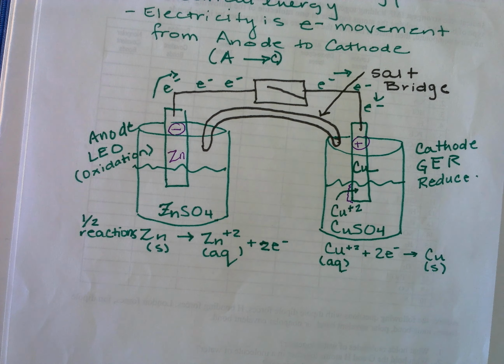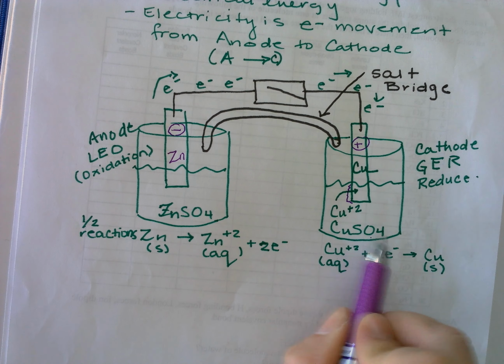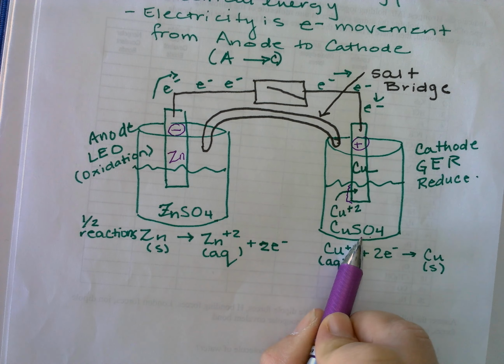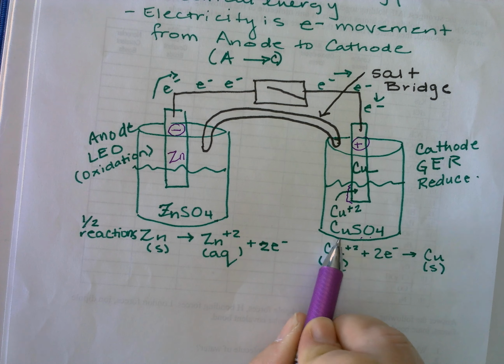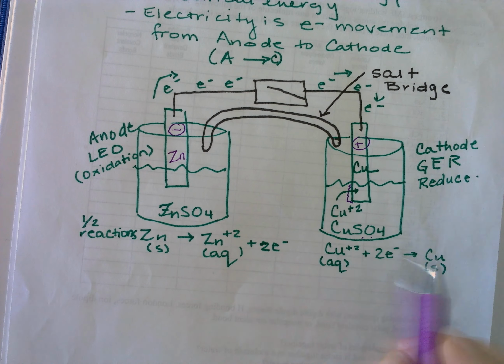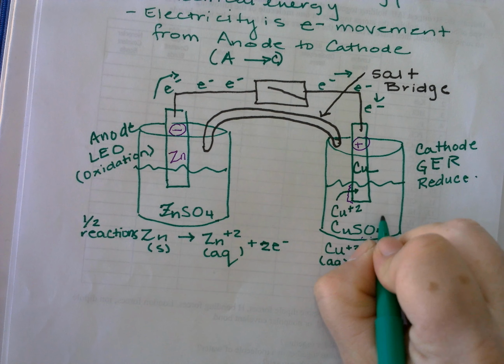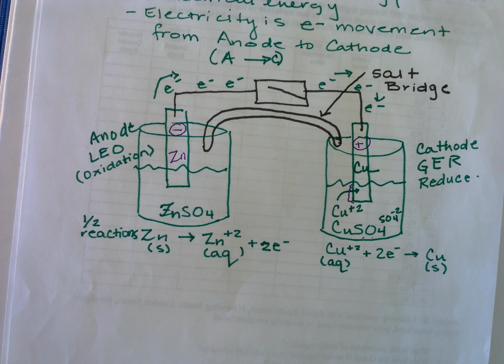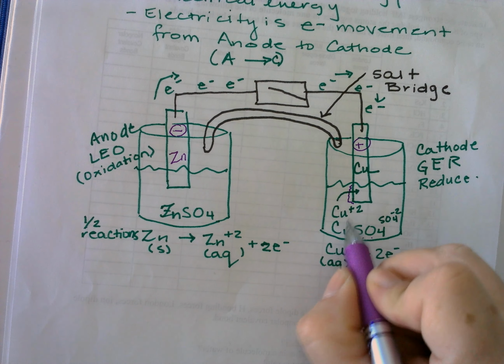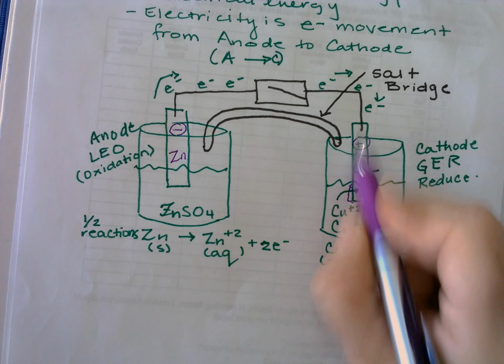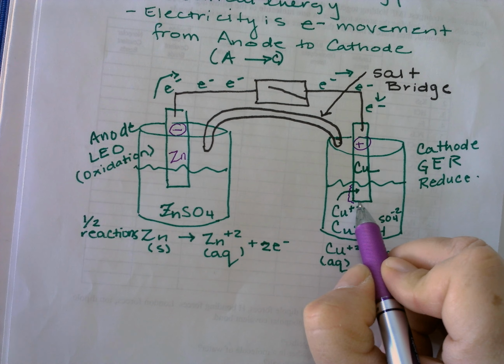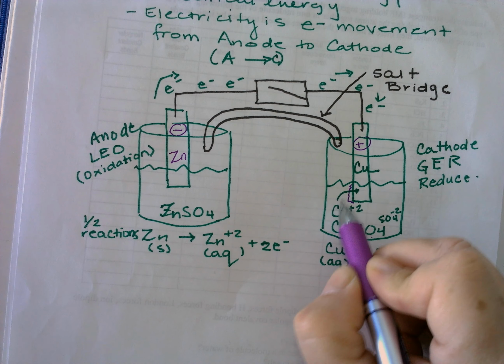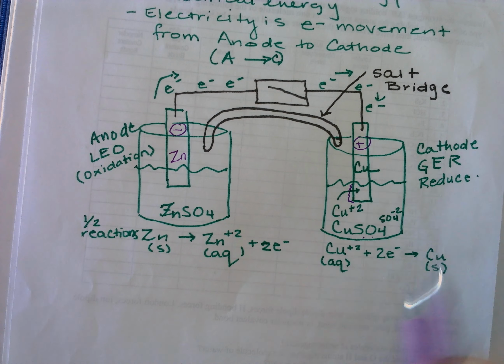I'm going to repeat what I just said. The copper sulfate goes into solution and splits up because it's aqueous. So you have copper 2+ and SO4 2- floating around in this solution. We're just going to put this over here really small. We don't really care about it right this minute. The copper 2+ is attracted to the electrons coming into this cathode, and it picks up those 2 electrons.